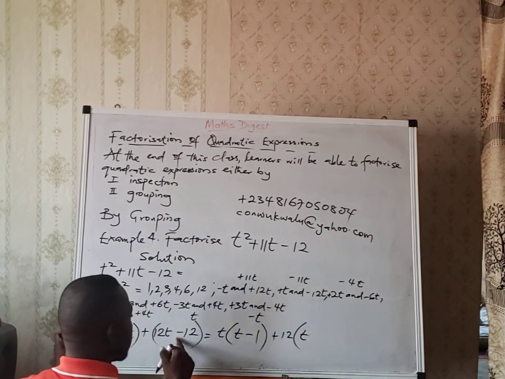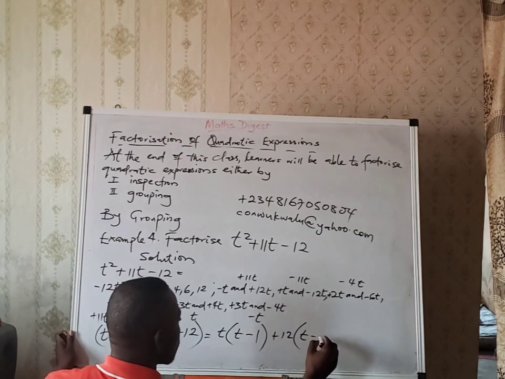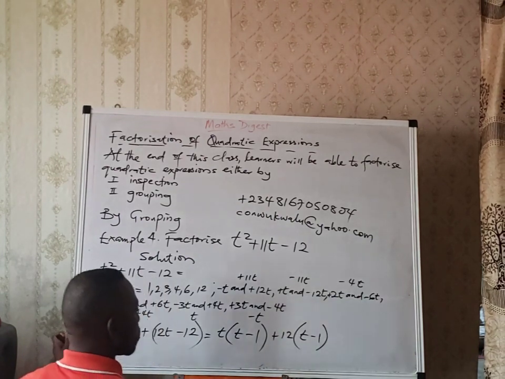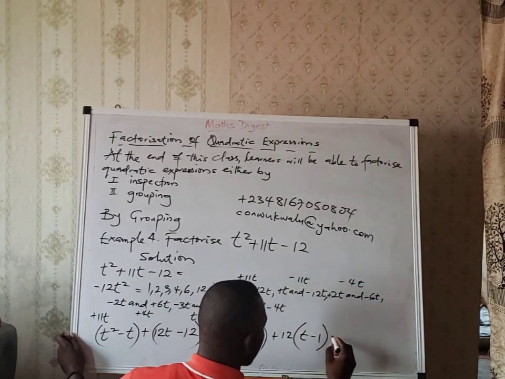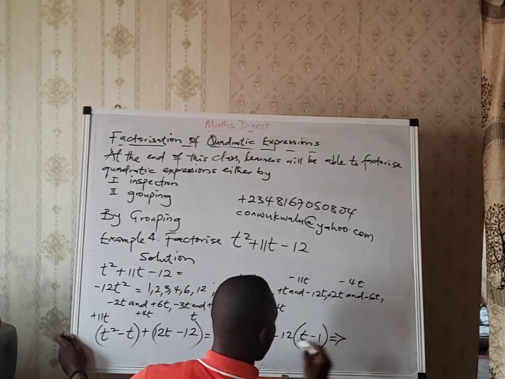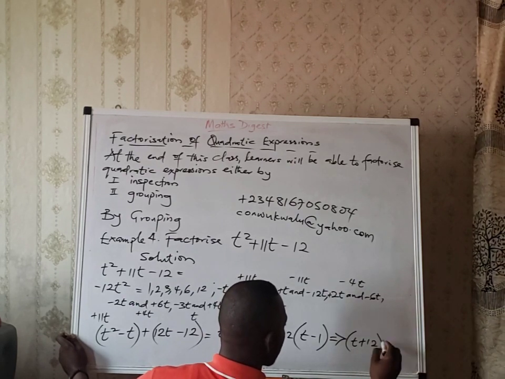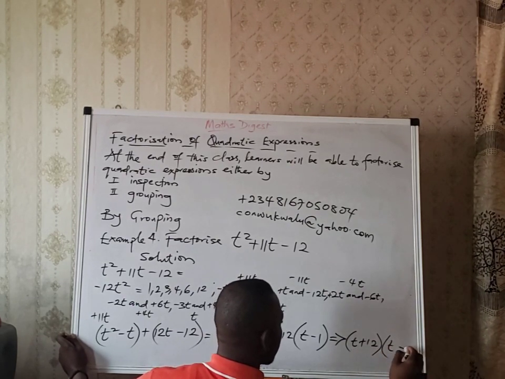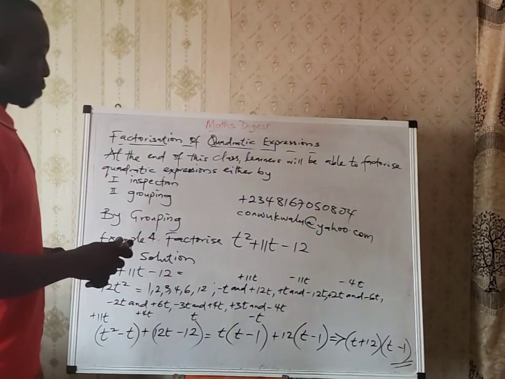Plus 12 divided by this, we have minus 1. So looking at this now, we have a common thing here, that will give us t plus 12 and t minus 1. So this is the final answer.